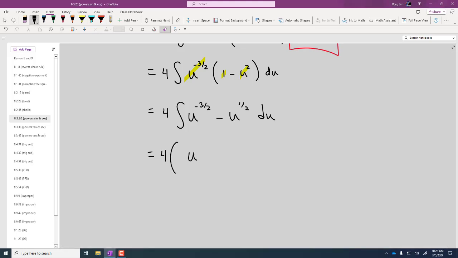So we'll use the power rule. Power rule for integration, not the power rule for derivatives. Power rule for integration, we add 1 to the exponent. So we're going to get negative 1/2. We divide by negative 1/2, which means multiply by negative 2 in practice. And then over here, add 1 to the exponent, we get u to the 3/2 multiplied by the reciprocal, plus c.